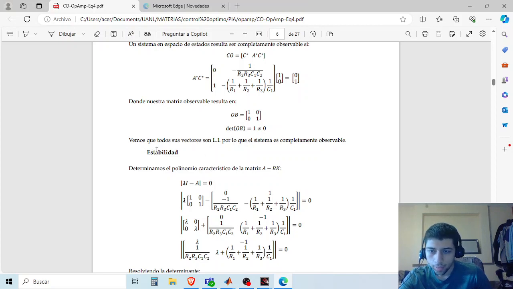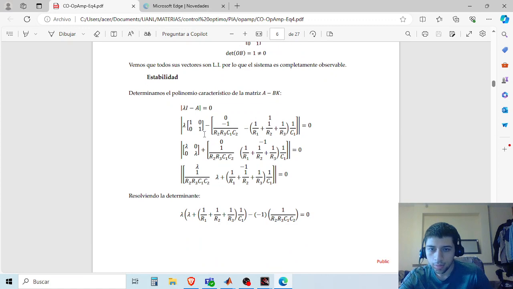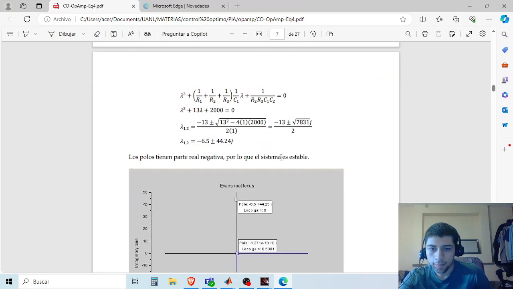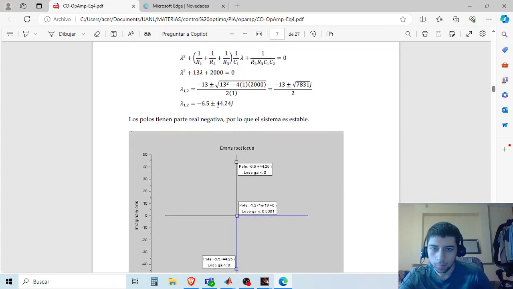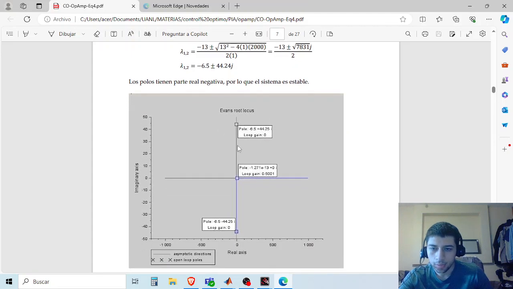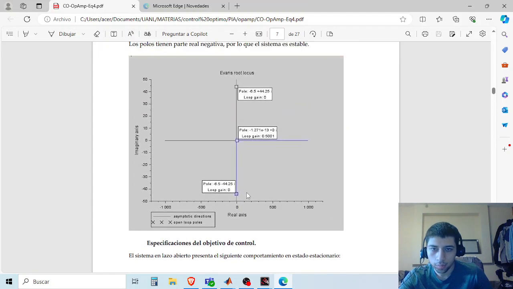And for stability, we take another analysis, and we take the eigenvalues, and they are on the left side of the root locus plane, on the negative side. So it is a stable system with some natural frequency, and we see the root locus representation, and we see that we are on the negative axis.